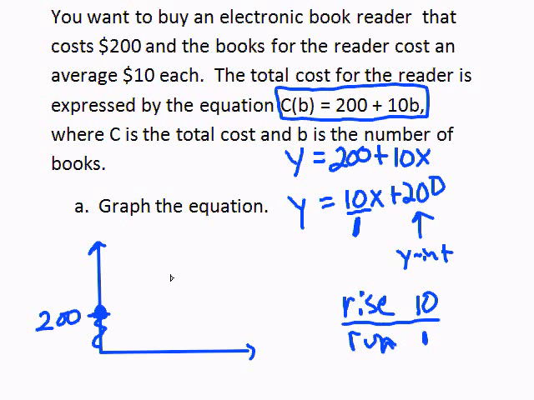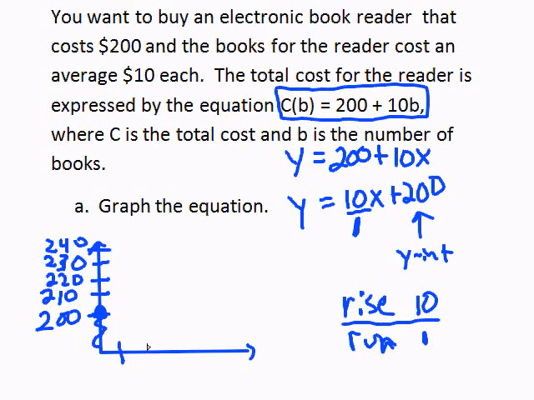Now, when you're asked to graph an equation and they didn't give you a graph, you get to choose your scale. So I'm very conveniently going to choose to count by tens. So this will be 210, this will be 220, this will be 230, 240, and so on.